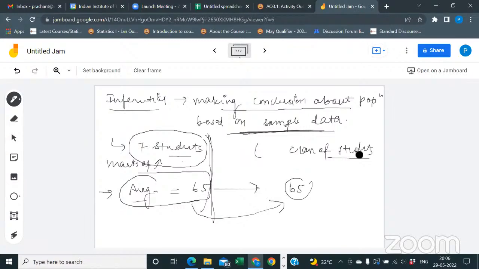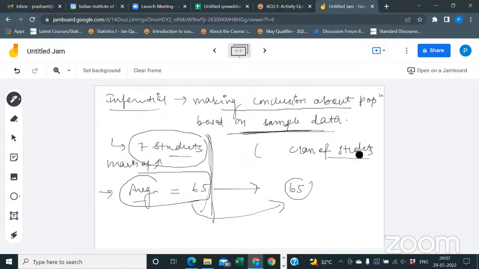I have the same kind of example. Suppose in one state I am analyzing the cities. I want to check the cities, but going to each and every city and checking is difficult. There are lots of cities in the state, and I choose 5 cities, analyze some data, and say that this data is the same for the whole state.